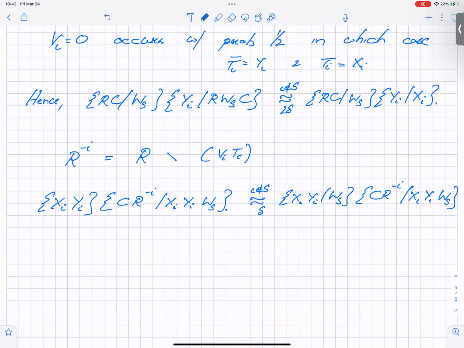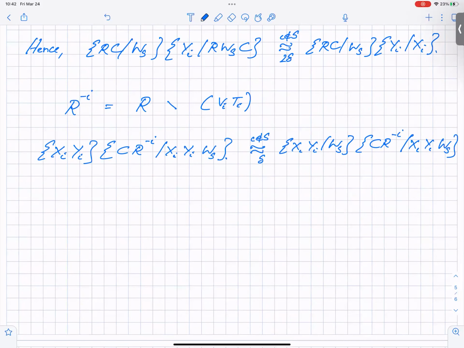This one did not require K log sigma 1, sigma 2. Now this is identical to Xi, Yi, C_{R minus i}, Ws. That's perfect. That's exactly how that's being generated.